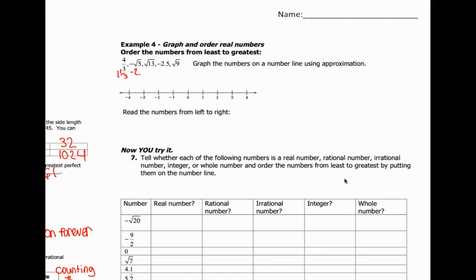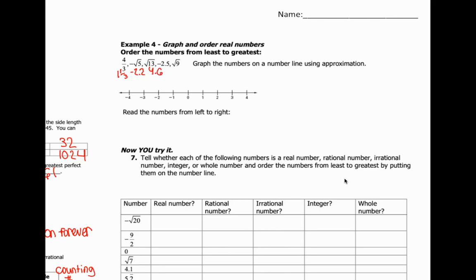It's going to be closer to 2 than 3 because the square root of 9 is 3. So I'm going to say like 2.2. Square root of 13 has to be in between 3 and 4, since 3 squared is 9 and 4 squared is 16. So a little bit closer to 16. So I'm going to go with like 4.6.